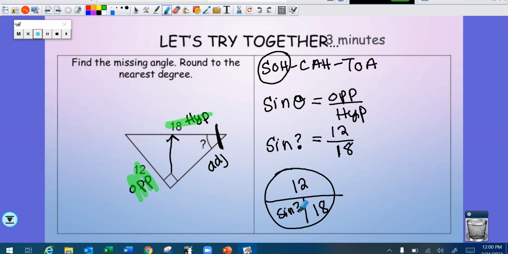So here I'm going to highlight the question mark, and I'm going to say question mark equals, and write what you see. Sine, but instead of using regular sine, you're going to do sine inverse with the little -1, 12 over 18. And so they said round this to the nearest degree.